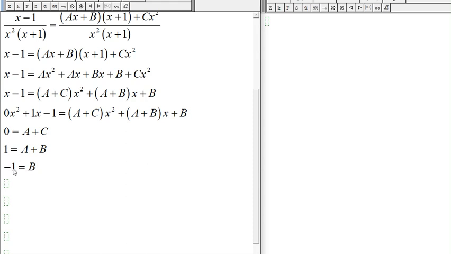So we have B equal to negative 1, and then from here we get 1 equal to A plus B. B is negative 1. And then add 1 to both sides, and then A will be 2.